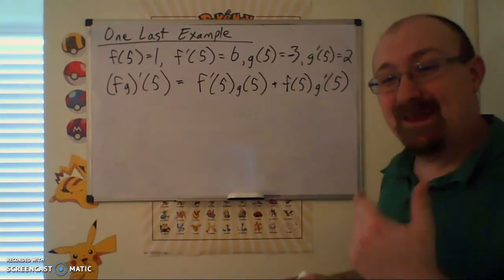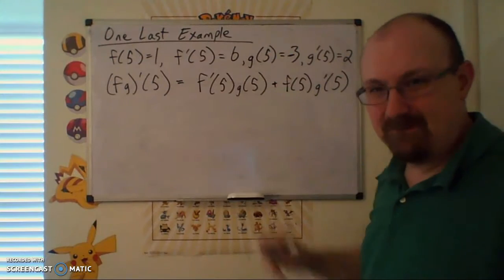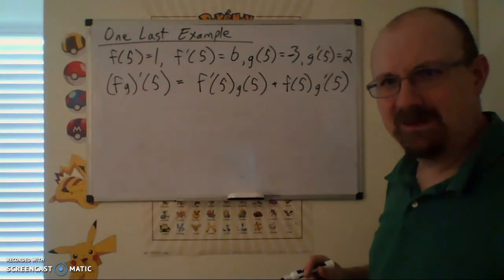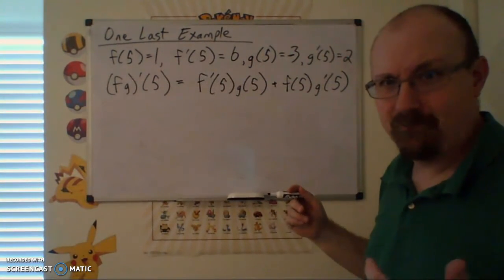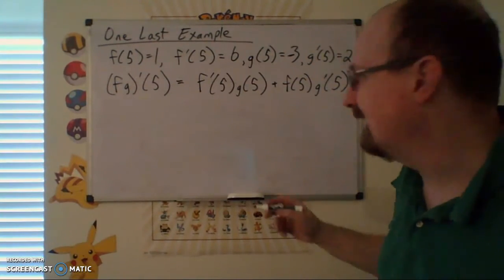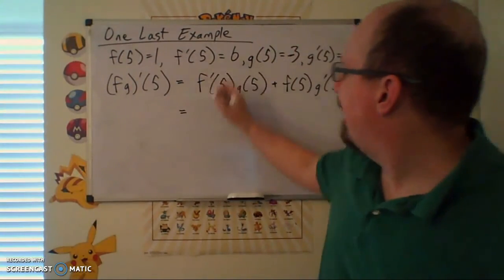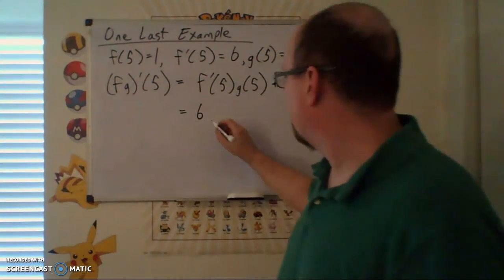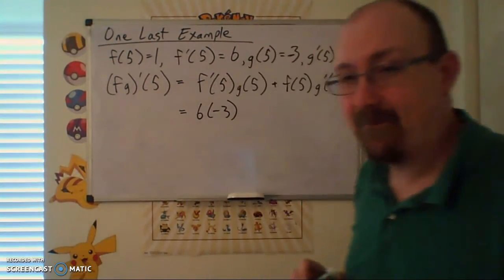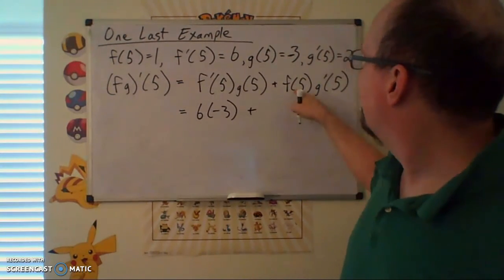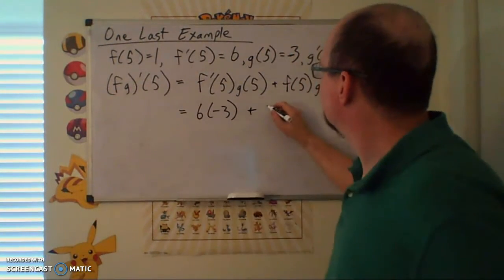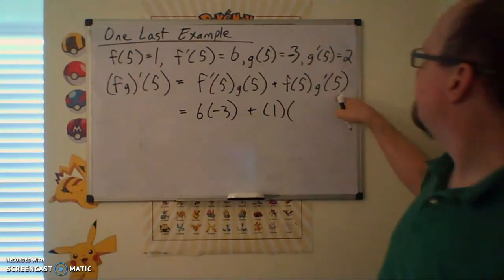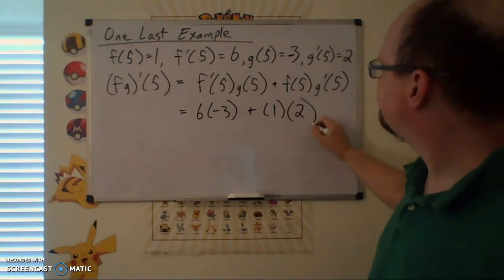Now we can fill in our numerical values that we've done painstaking research or had teaching assistants do for us. So f prime of 5 we said is 6. g of 5 is -3, so we have 6 times -3 for that first piece. f of 5 is 1. g prime of 5 is 2.